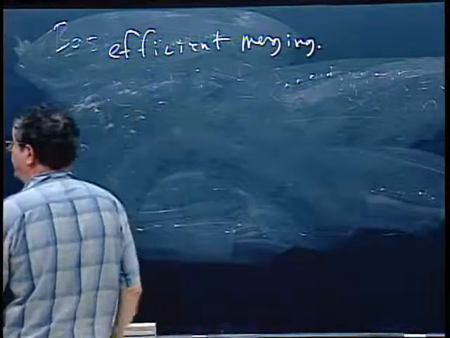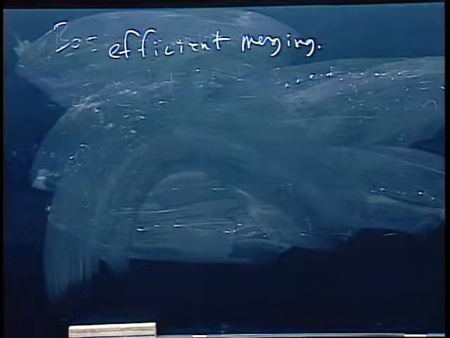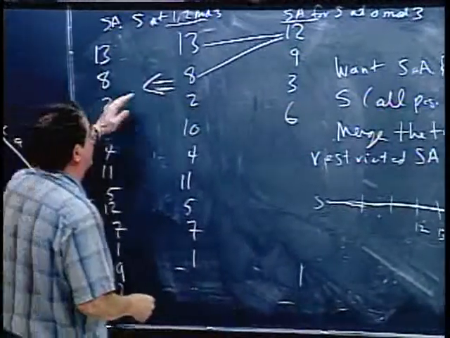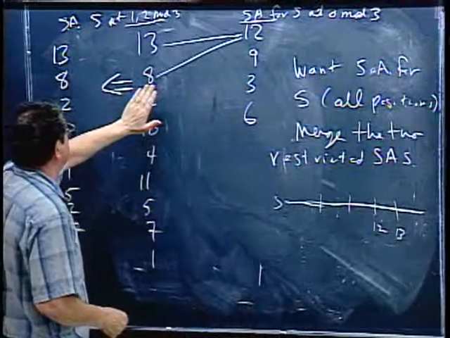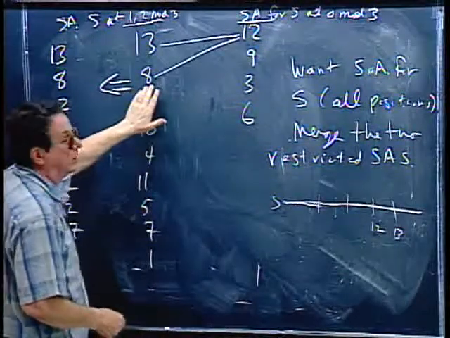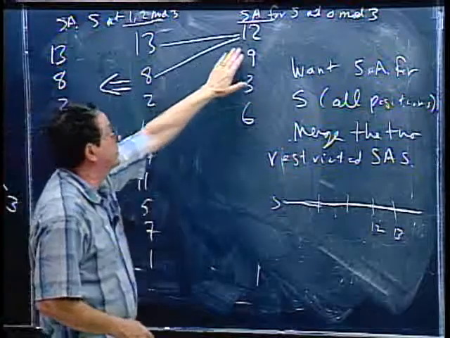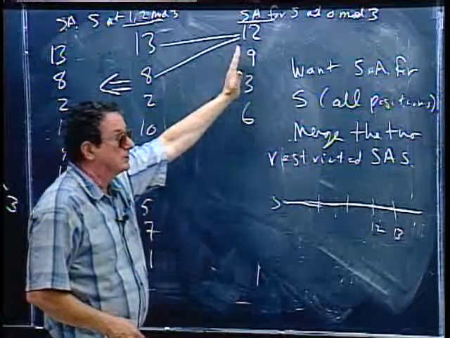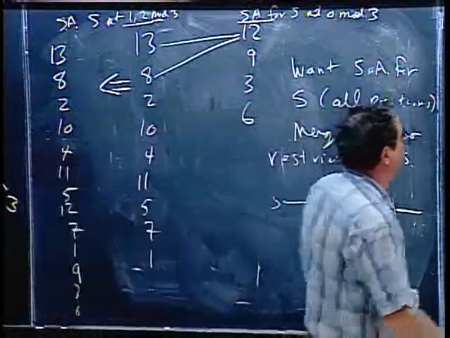Okay, so when we're merging, we're always looking at a position that's either 1 or 2 mod 3 against a position that's 0 mod 3. So let's look at these two cases.